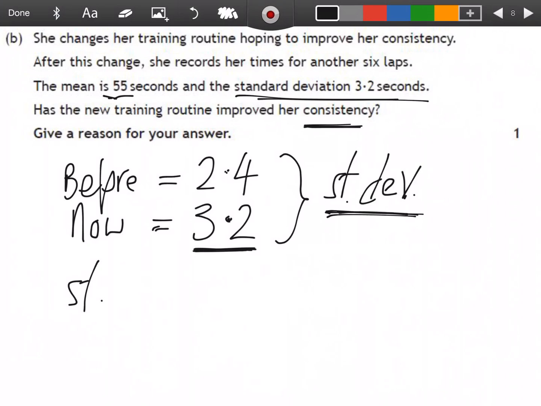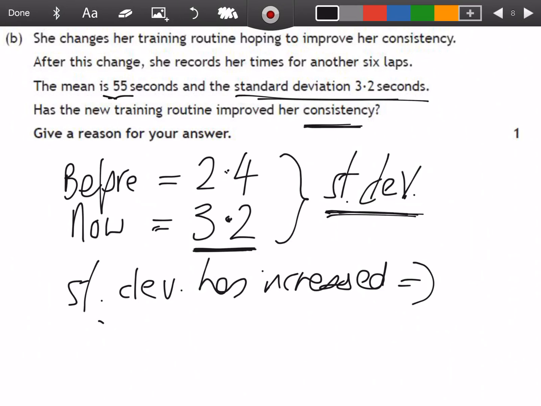So the standard deviation has increased, and what that means is it's less consistent. Not as good. Not what she was hoping for. Less consistent, okay? Or you could say our times are a lot more varied, if you want to put it that way.